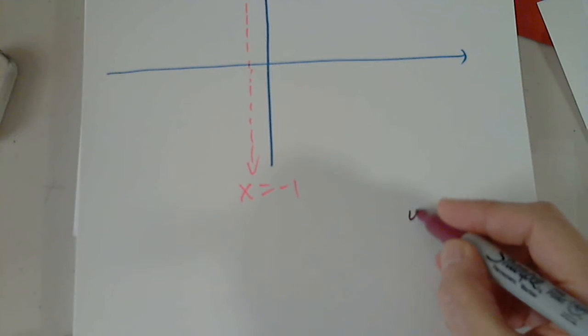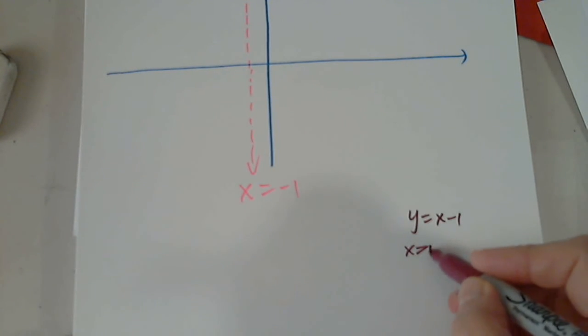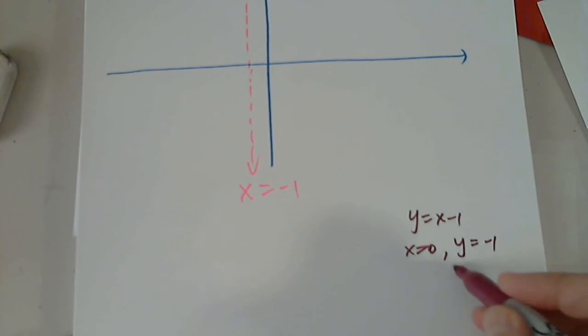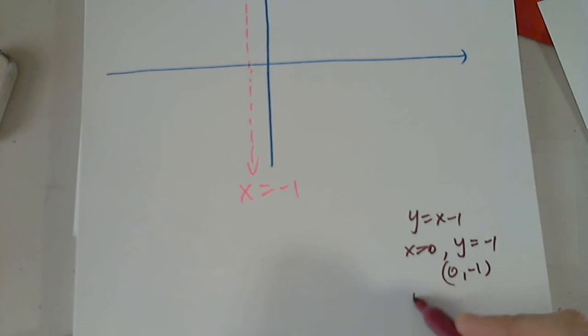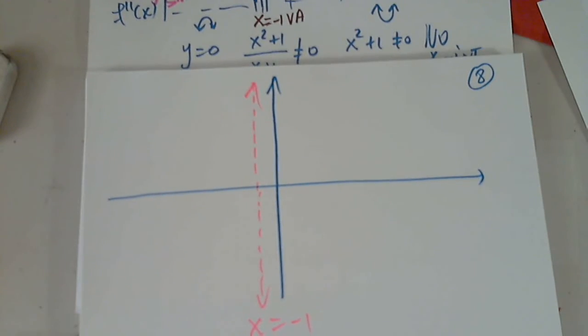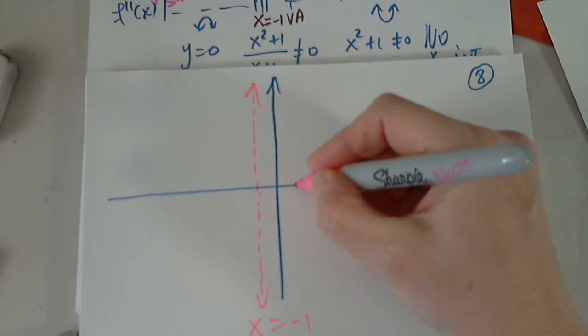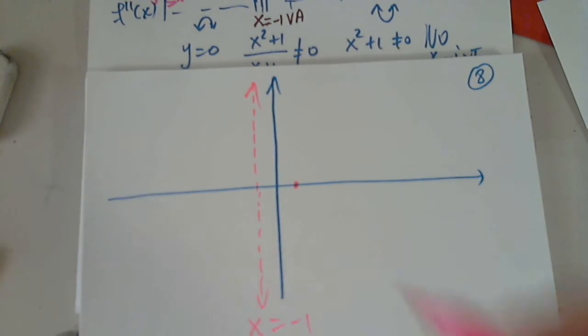For y equals x minus 1, when x is 0, y is -1, so 0, -1. When y is 0, x is 1, so 1 comma 0.